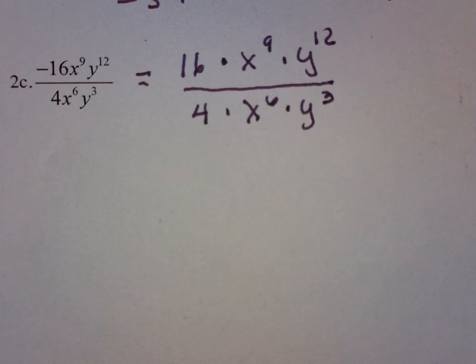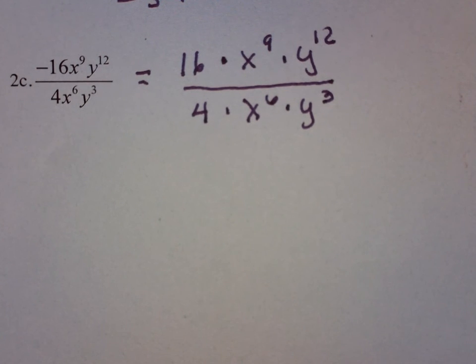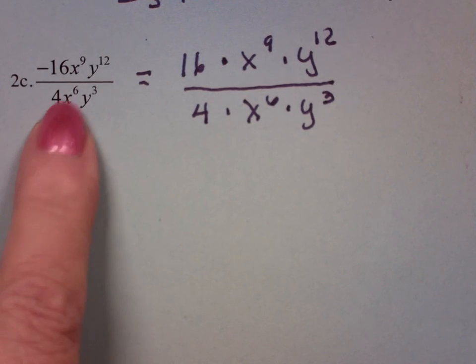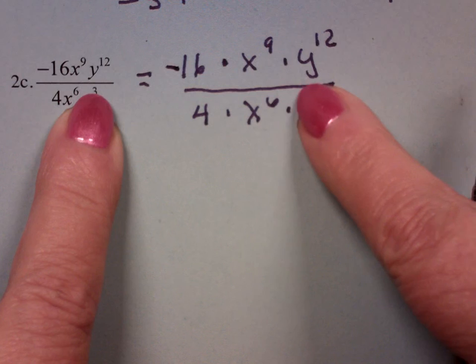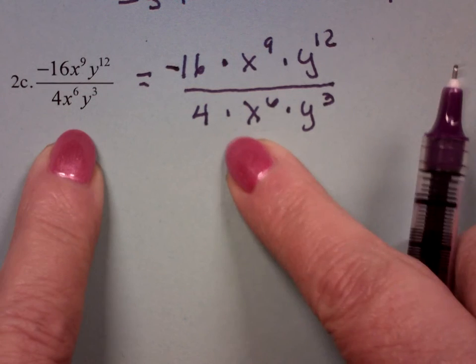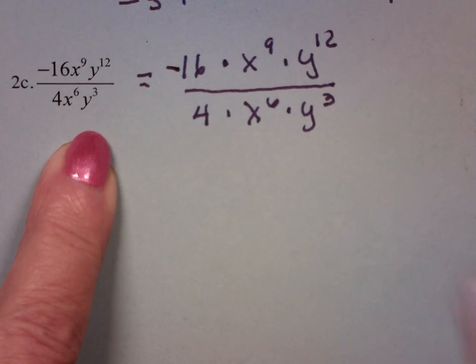Wouldn't that be negative 16? This should be a negative 16. Negative 16 x to the 9, y to the 12, over 4 x to the 6, y to the 3. Okay.